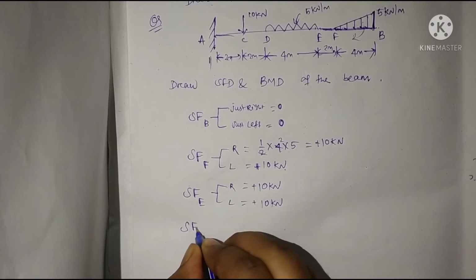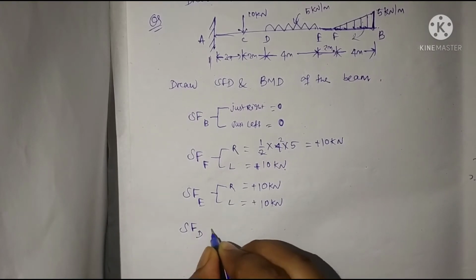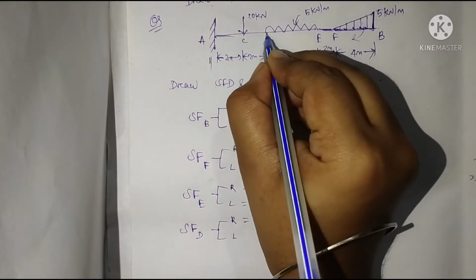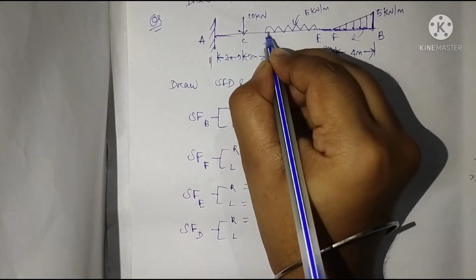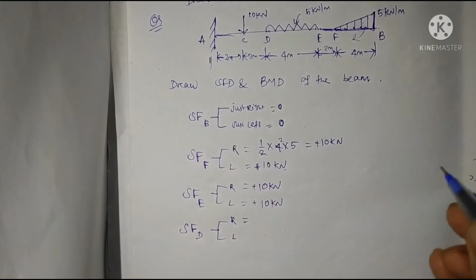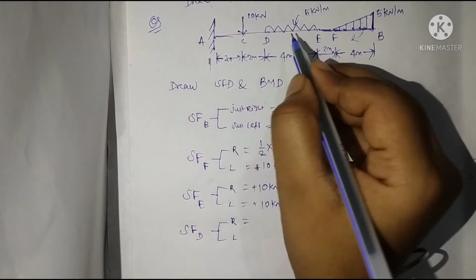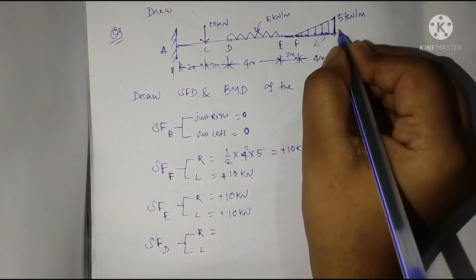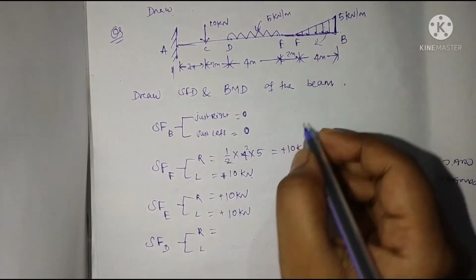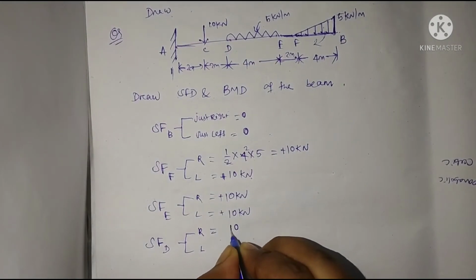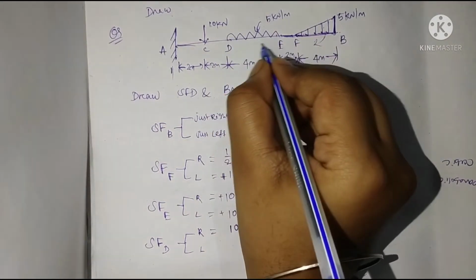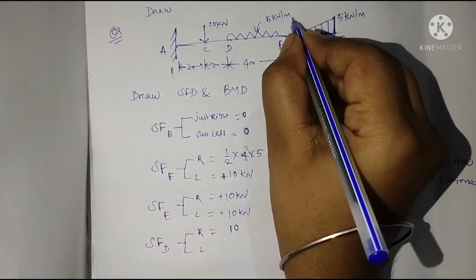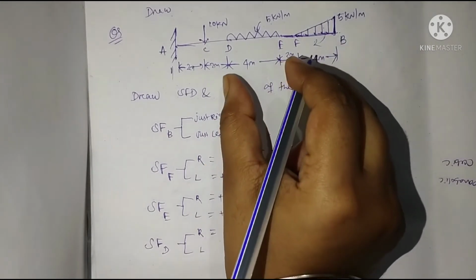Now shear force at point D, just right and just left. Just right means at this point we are calculating the shear force. Here the intensity of this loading is 10, so we put it directly as 10. And this loading is acting at 5 kilonewton per meter run.